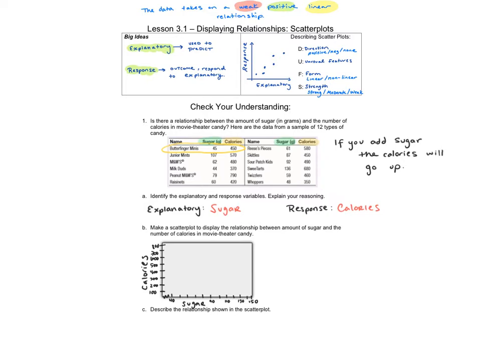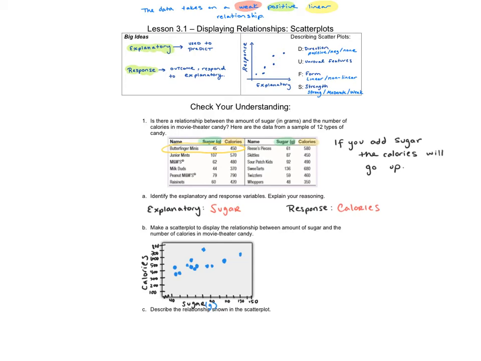So 45, 450, 107, 570. And then you're going to plot these 12 different points relating sugar to calories. So there are my points, and I'm just going to add that this sugar is in grams because it should be clearly a quantitative variable, and that's going to be grams.